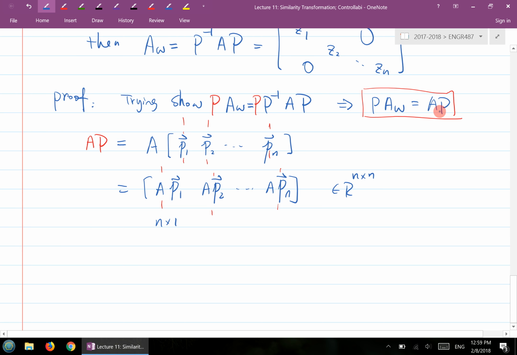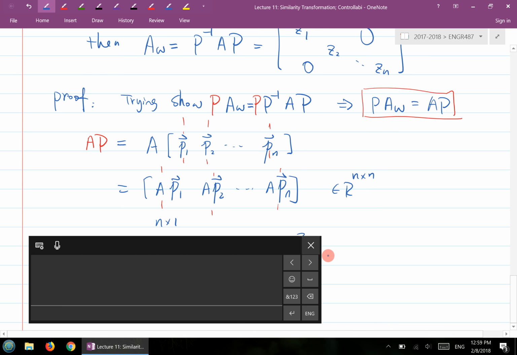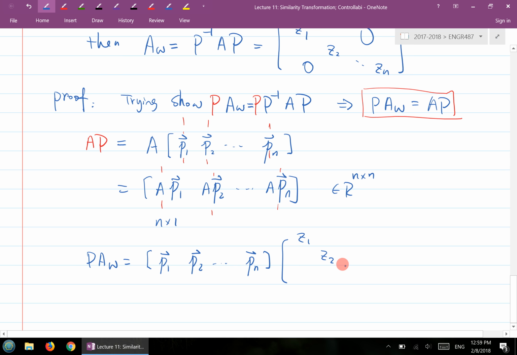Now let's look at P times AW. P is still the same matrix, so P1, P2, and Pn times AW. AW is a diagonal matrix, so here's Z1, Z2, and up to Zn.